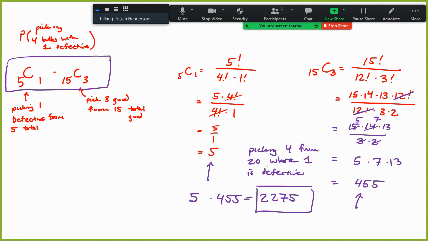Okay. Last up, we've got to do the third case, which is the probability of getting exactly 2 defectives.